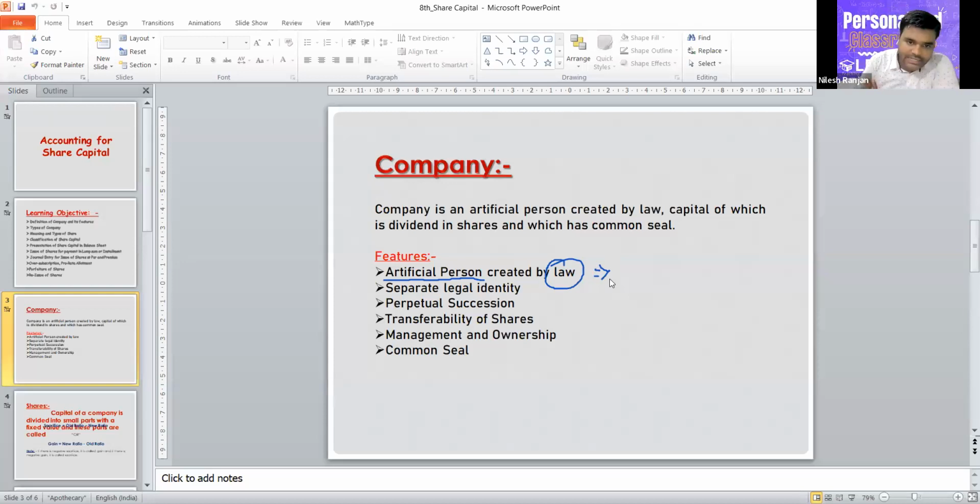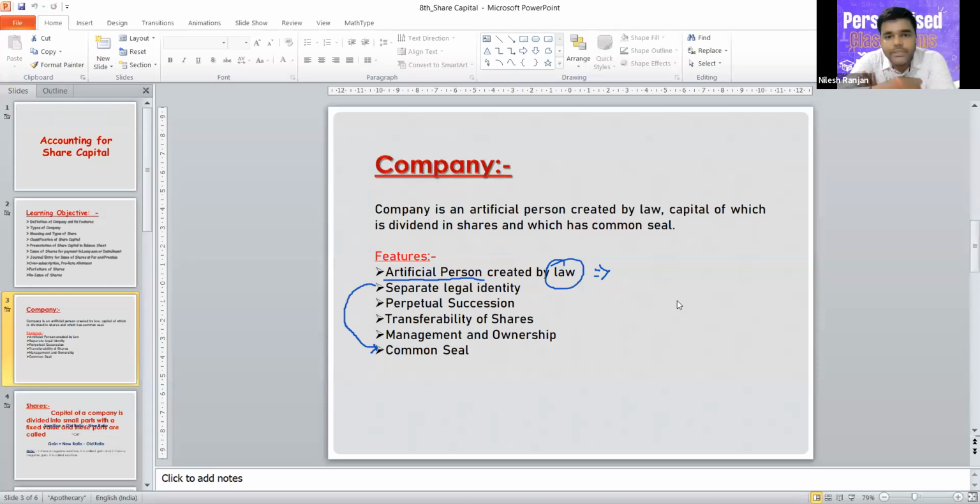Now you can see the second thing, separate legal identity. Now what does it mean? It is attached with common seal. Separate legal identity means a person has separate legal identity if he can do anything as an individual. I told you that he can file cases against some other person, and some other person can file cases against us.